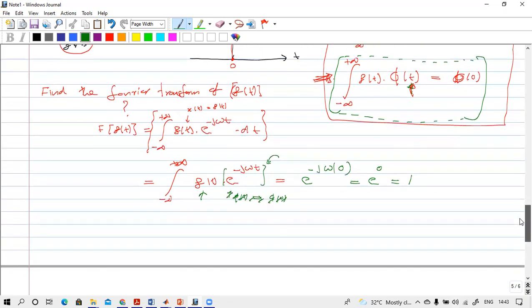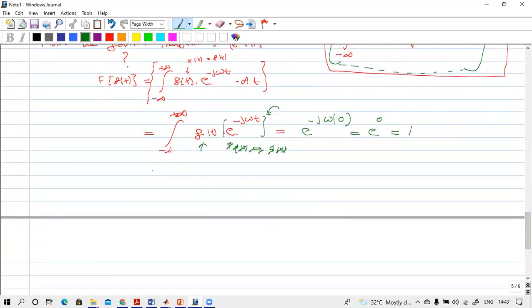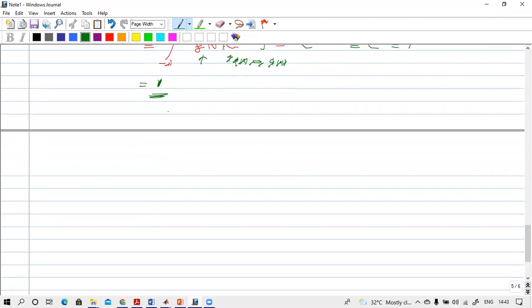So if you evaluate this integral, you will get 1. So the Fourier transform of the delta t function is 1. It is better to keep this in your mind.